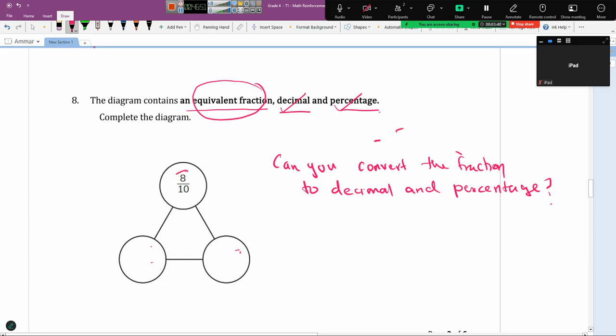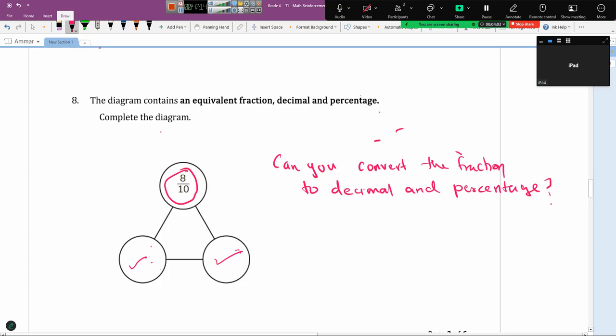So now can you try to convert this fraction to decimal and percentage to complete the diagram, right? In one circle you write down the decimal, and in the next circle you write down the percentage. That's all. Have you understood the idea?